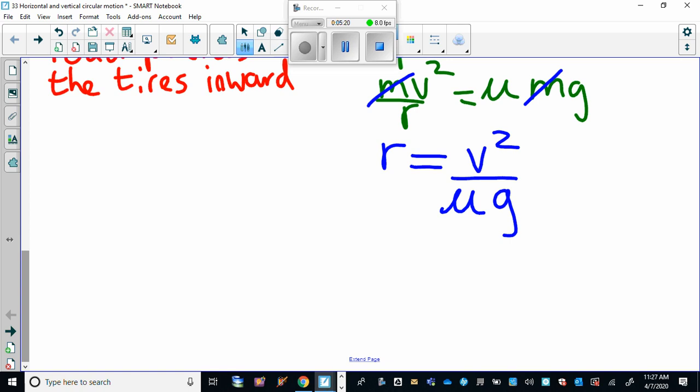All right, and from that point on, it becomes a pretty straightforward problem. We have the velocity, 110 kilometers per hour, which we can convert to meters per second. You have the coefficient of friction, 0.6, and you have the gravity.